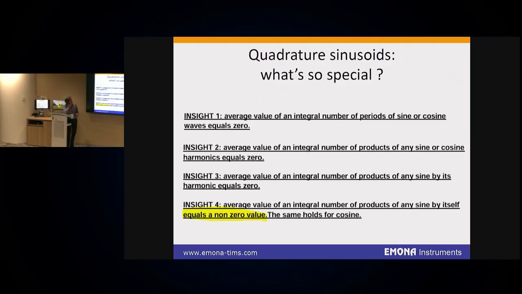Mathematically and experimentally, we can find that the average value of a number of sinusoid or cosine waves equals 0. This is insight 1. Also, we'll find that the integral number of products of any sine or cosines by each other equals 0.